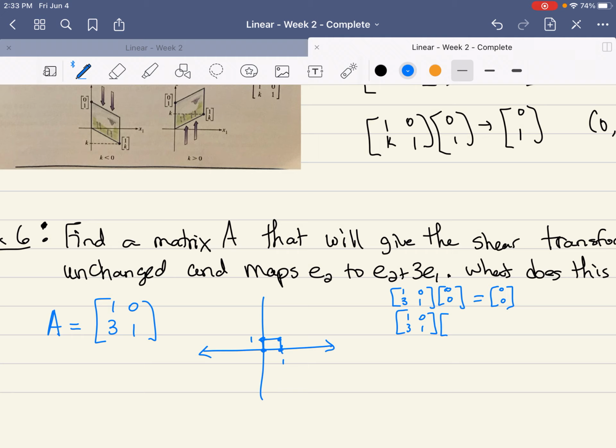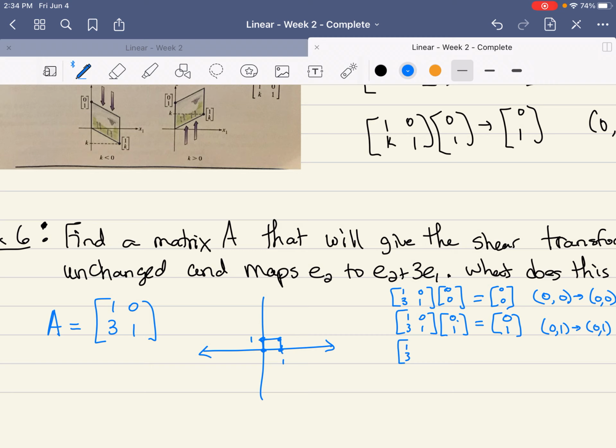If I do 0, 1, from above we should get 0, 1 back. So let's double check. 1 times 0 plus 0 times 1 is 0. 3 times 0 is 0. 1 times 1 is 1. So we get 0, 1 back. So 0, 0 goes to 0, 0. 0, 1 goes to 0, 1.